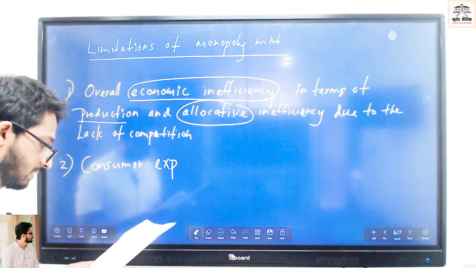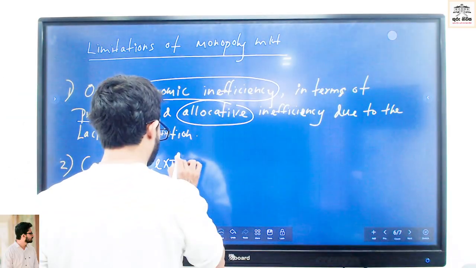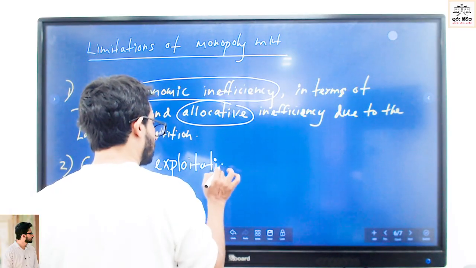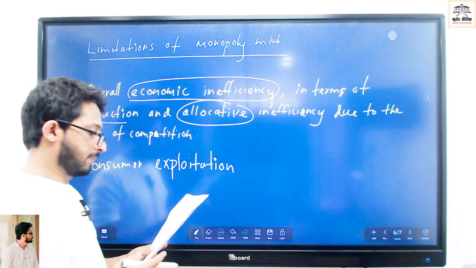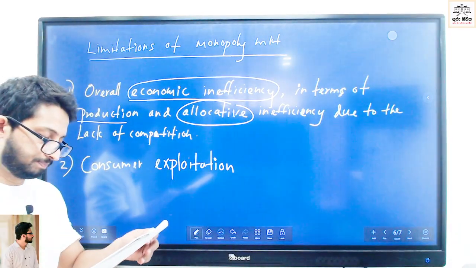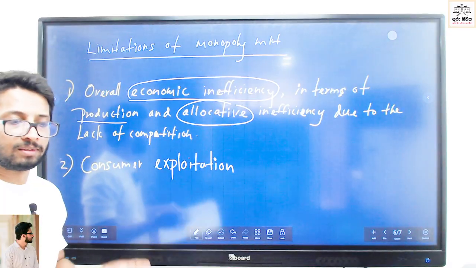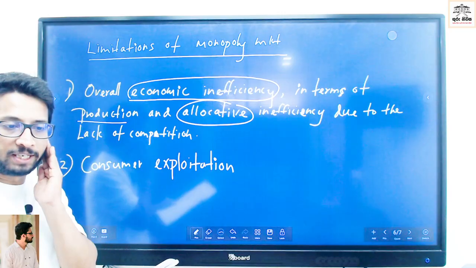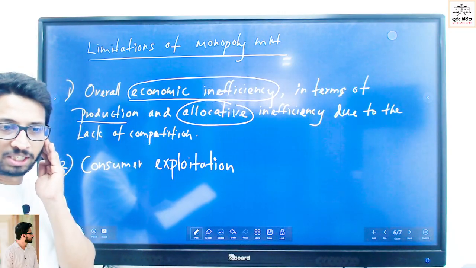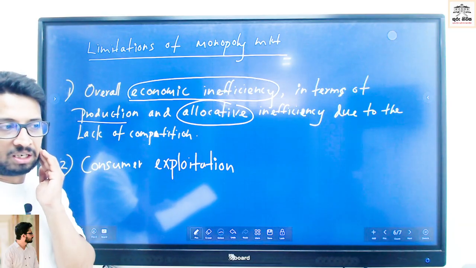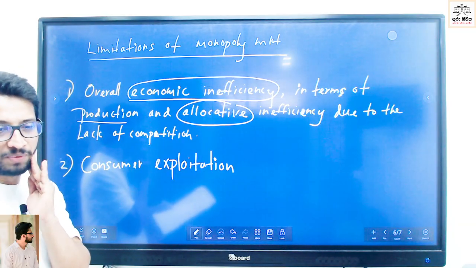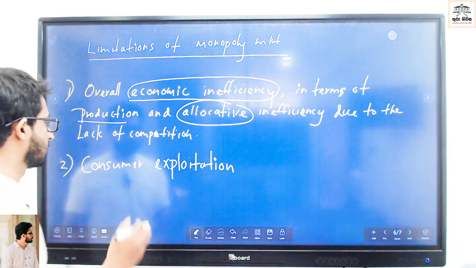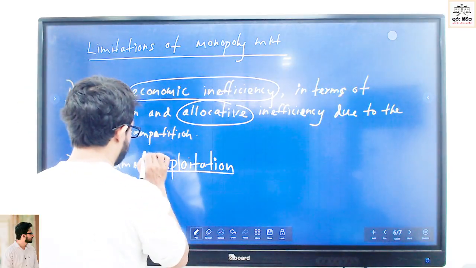Now, what is meant by consumer exploitation? This means that firms tend to charge a higher price from consumers as consumers don't have options, right? That is called consumer exploitation.